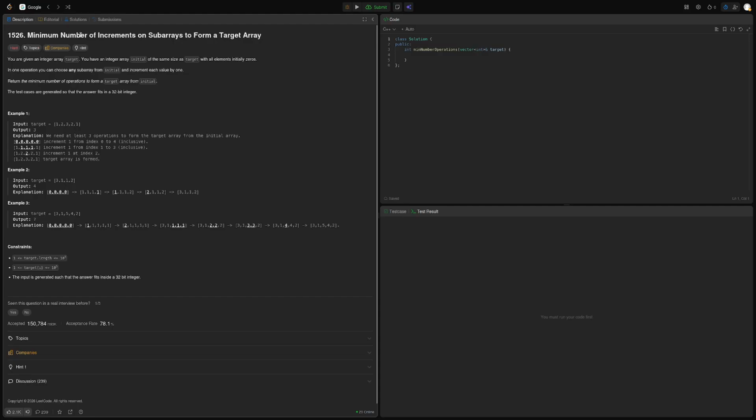Today, hard problem: minimum number of increments on subarrays to form a target array. So we've got an array of zeros, and we can increment a subarray by 1.